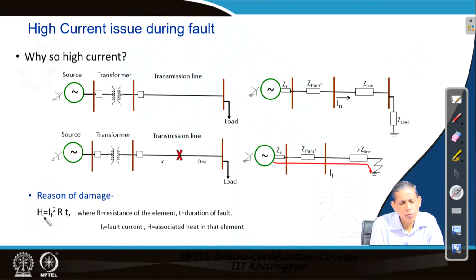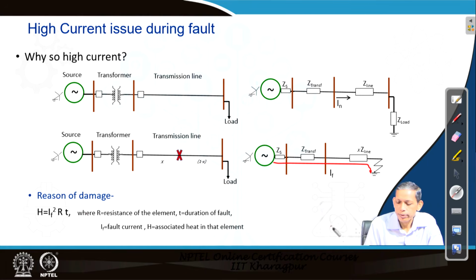The more the heat H in that element, the more the possibility of damage of that element. So time is also a factor here: the more time the fault remains in the system, the more heat is associated and the more the possibility of damage of that equipment.